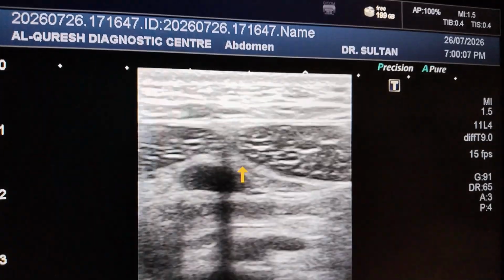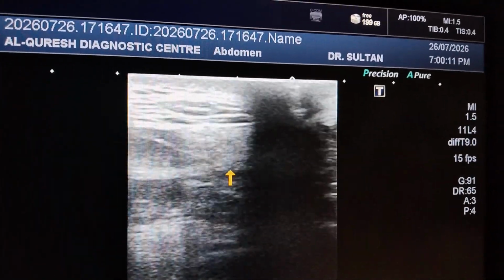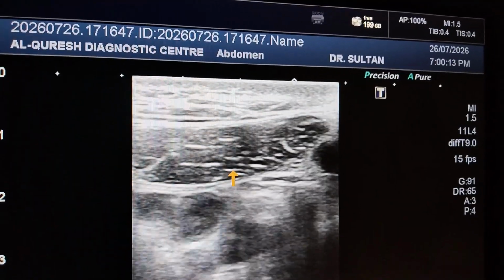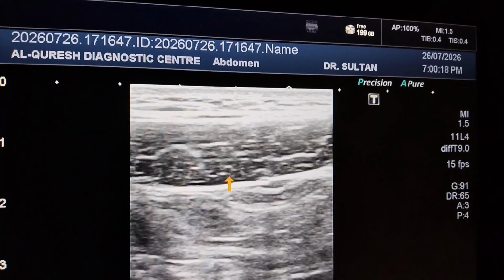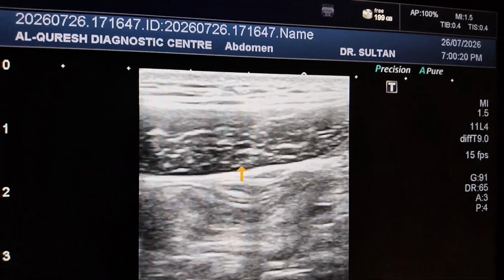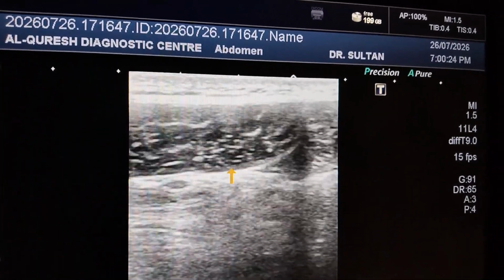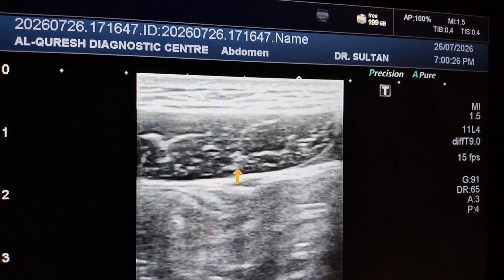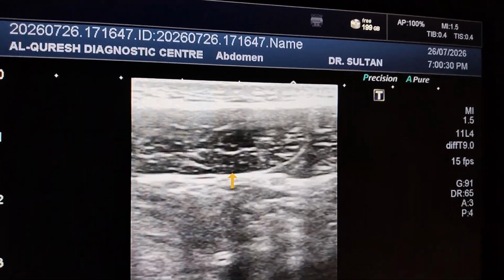And the urachal anomalies are, as I have already told you: number one, patent urachus, which is not here. Then the urachal cyst, in which the umbilical and the bladder ends are closed, while the cystic area is present in between these.